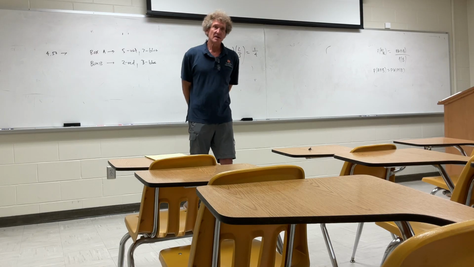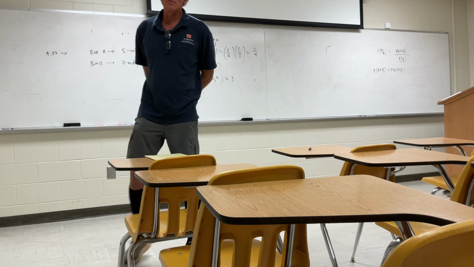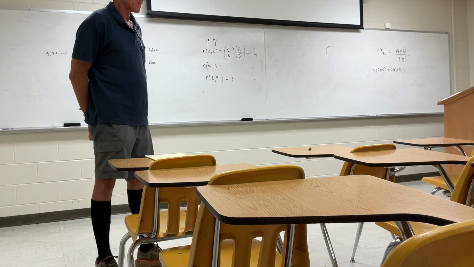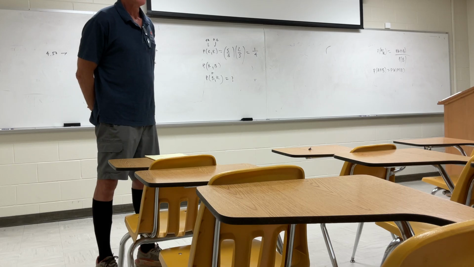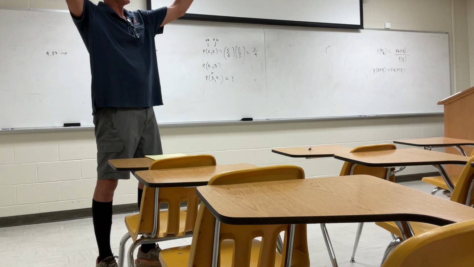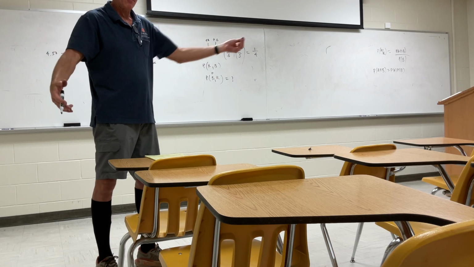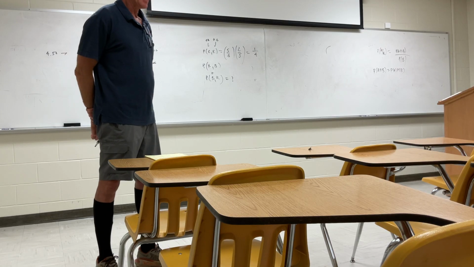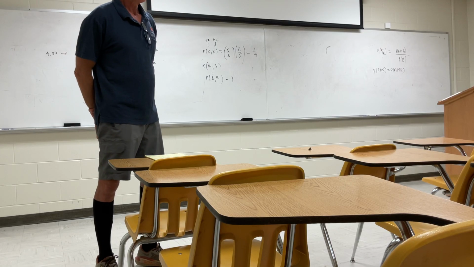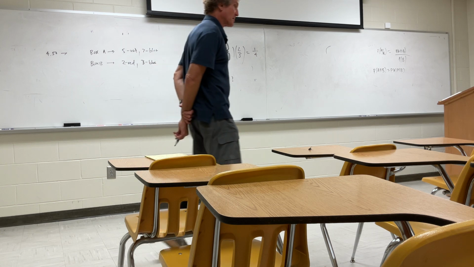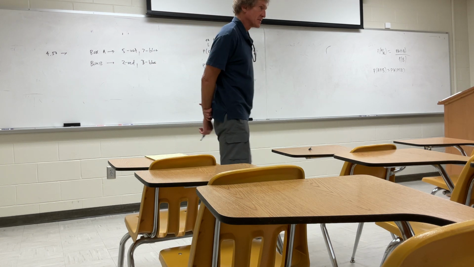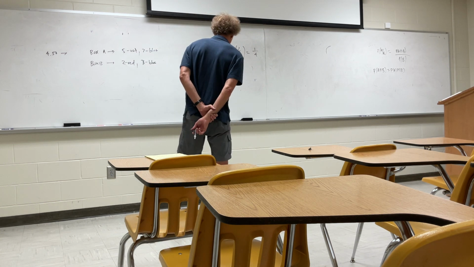Basically, the probability of having 1 blue and 1 red, regardless of order. With me? Now you can go through every single permutation of what can happen. Grab one from one, one from the other. But I'm trying to show you this is an easier way. He tried to lead you into it, the first one.